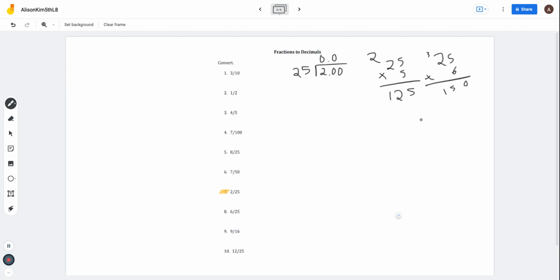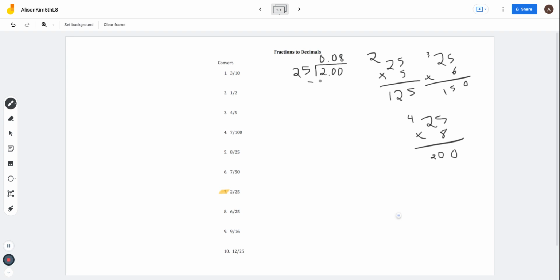Let's try a little bit higher. 25 times 8: 8 times 5 is 40, 8 times 2 is 16 plus 4 is 20, so 200. So 25 goes into 200 8 times.